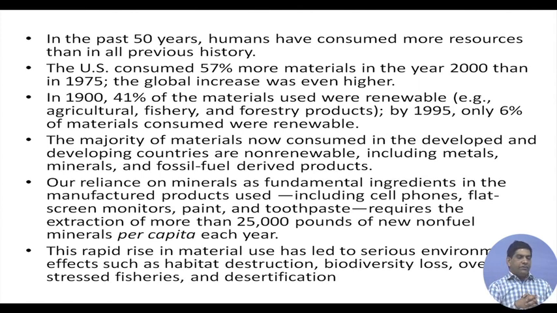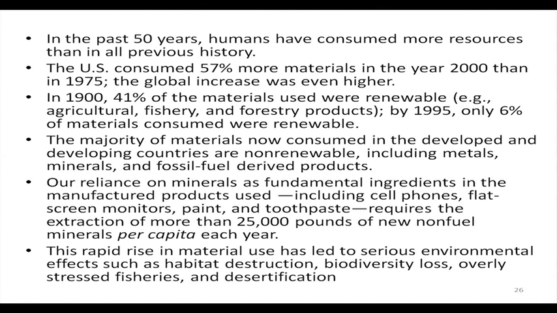In the 1900s, 41% of the material used was renewable. So out of all the material used, 41% was renewable: agricultural, fisheries, forestry products. By 1995, it came down to only 6%, and now probably it will be much less. So the majority of materials consumed today in developed and developing countries are non-renewable, including metals, minerals, and fossil fuel derived products.